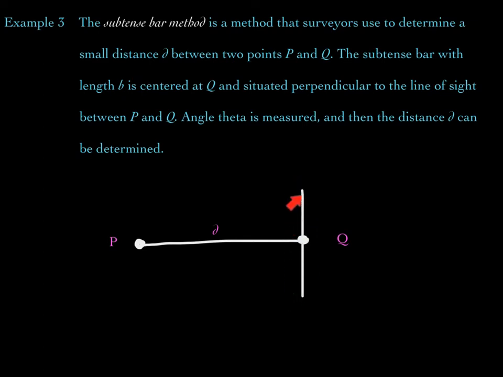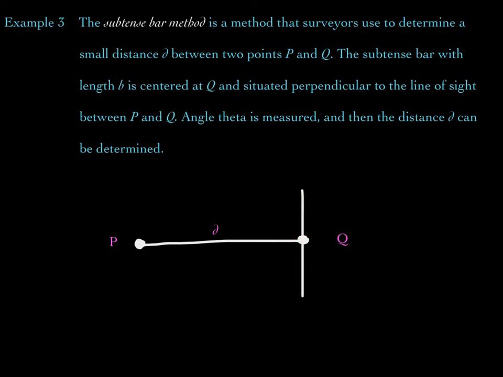This is the subtense bar, and it's centered right at Q, and it's perpendicular to this line of sight. Now, this bar is of length B.